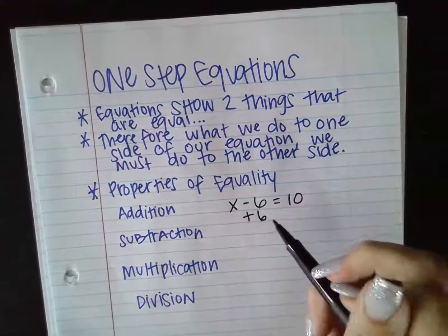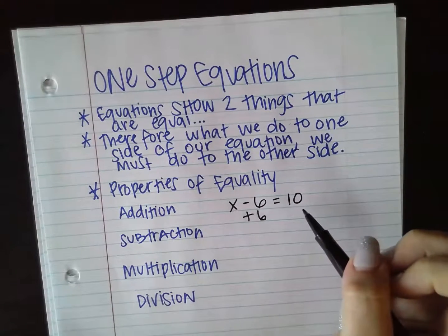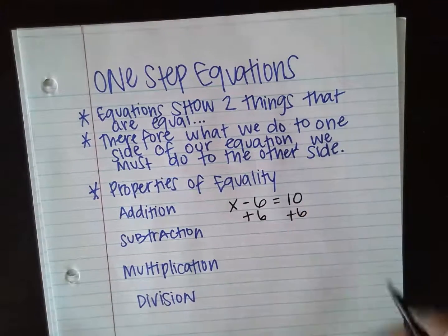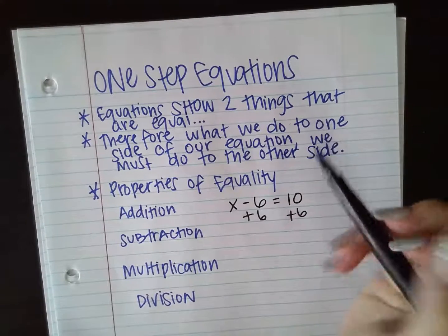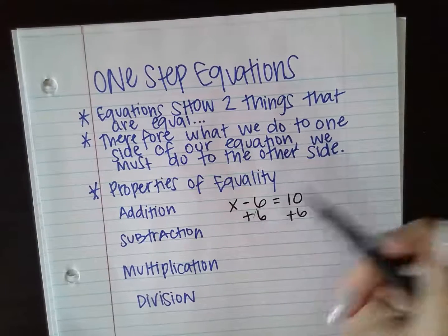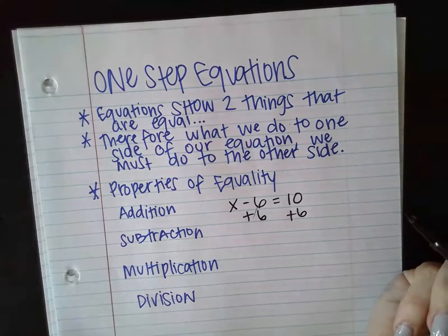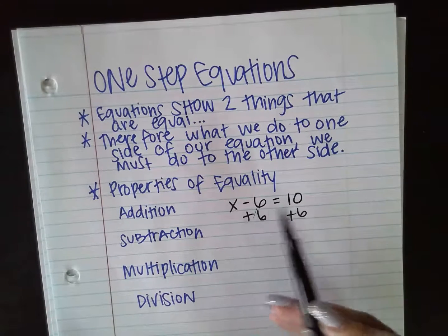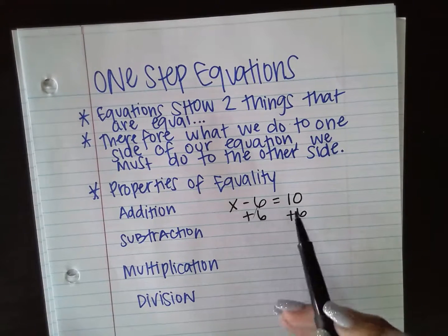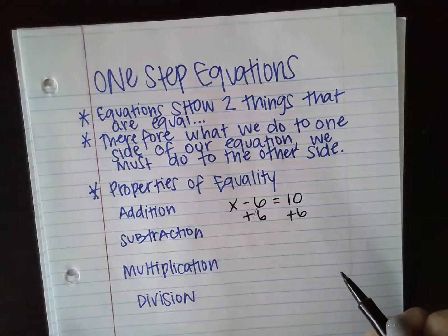If I add 6 to the other side of the equation to figure out what x is equal to, I have to add it over here. And you'll notice when we start talking about solving equations that these two things are going to cancel out and we'll be able to figure out what x is equal to. But this is the property of equality. I'm showing that what I do to this side of the equation, I'm doing the same thing to the other side. I'm adding 6 to both sides of the equation.